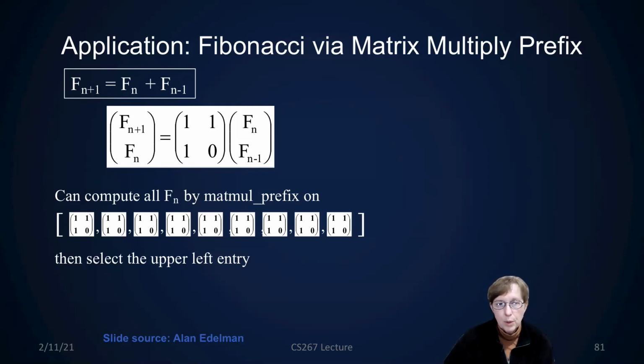We can compute all of the f(n)'s by doing a matrix multiply prefix on this, because you can keep doing substitution and you get a whole string of 2x2 matrices of 1, 1, 1, 0.